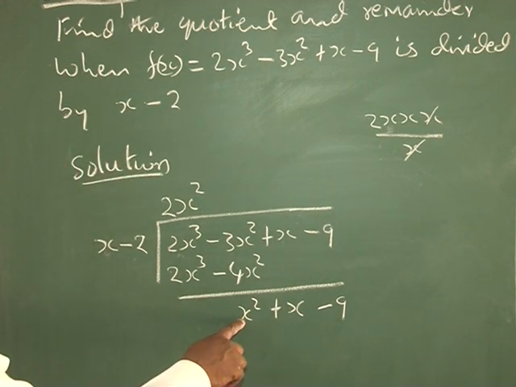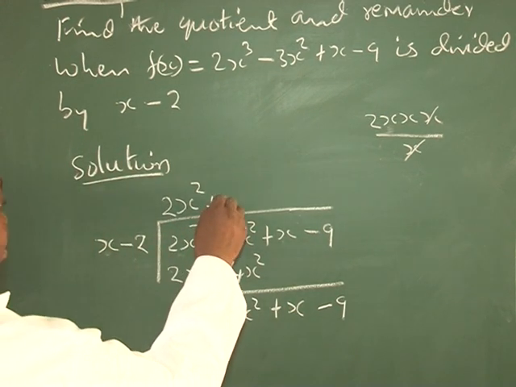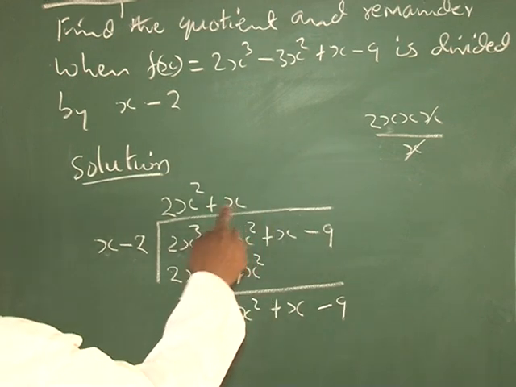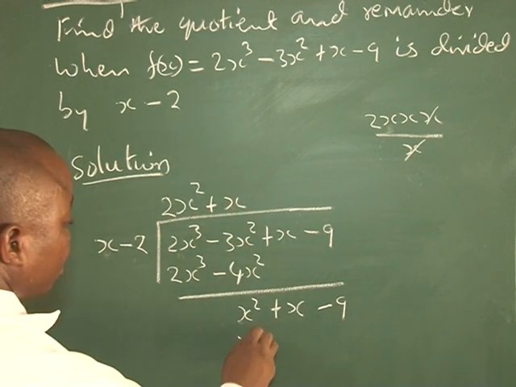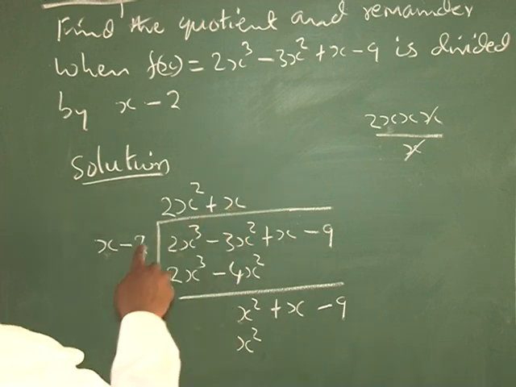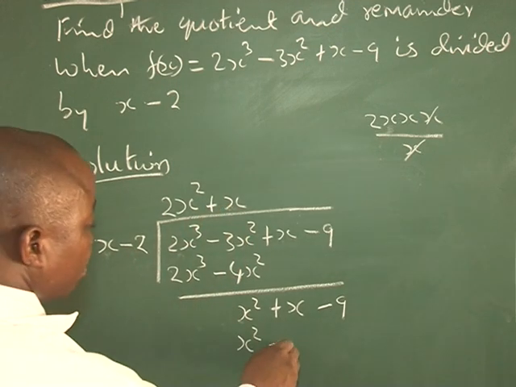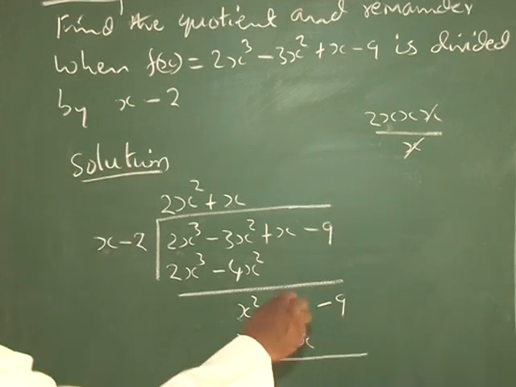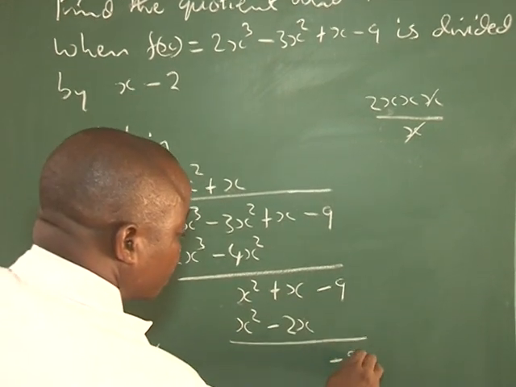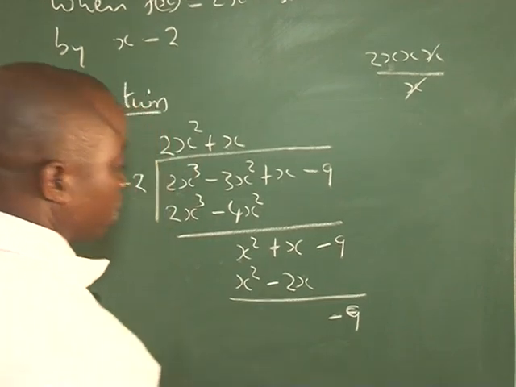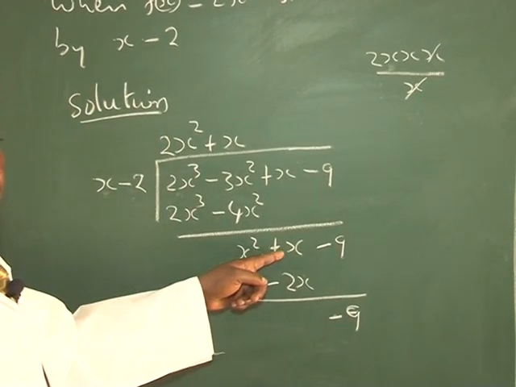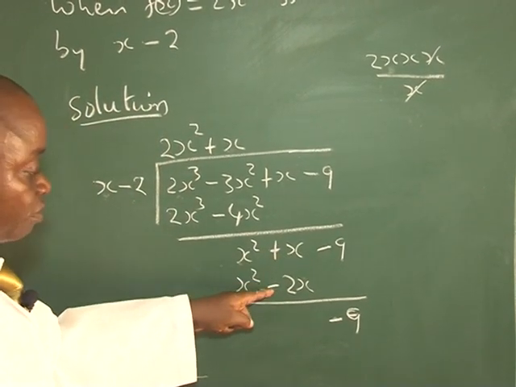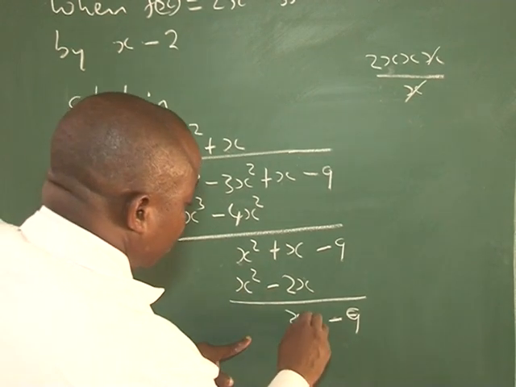Now minus x squared divided by x will give us minus x. Minus x times x, we get back minus x squared. Minus x times minus 2 gives us plus 2x. By subtraction, we have minus 9. Then x minus 2x, minus makes this plus. So we have 3x.